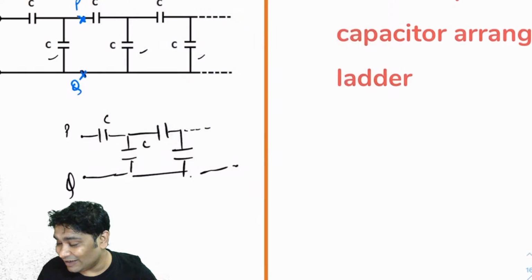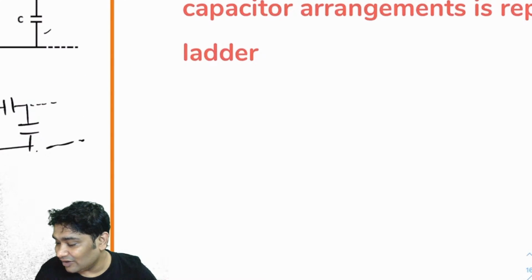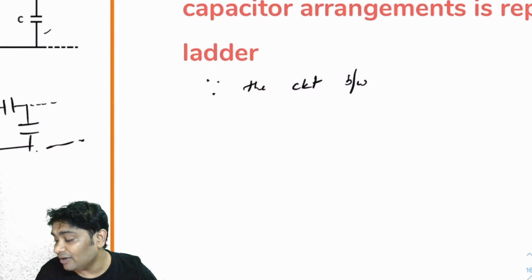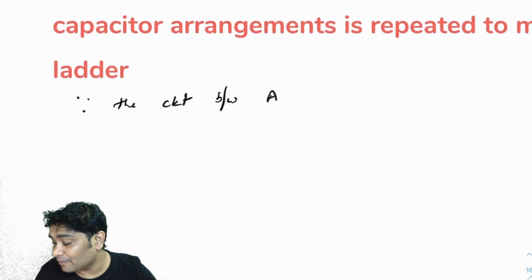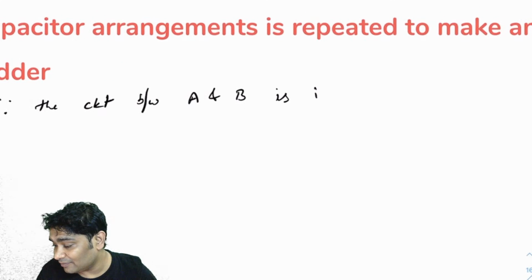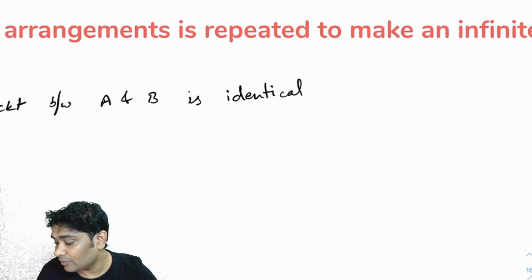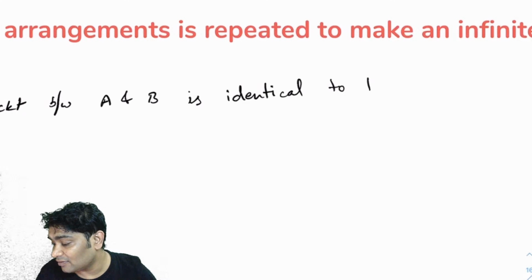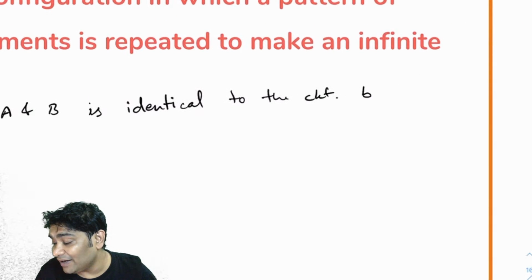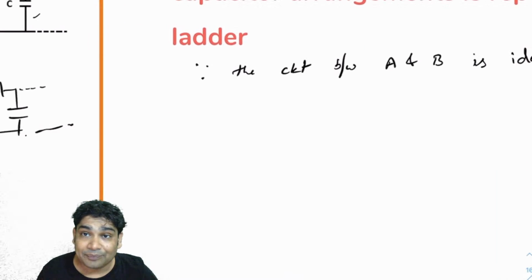So let's write down this fact. Since the circuit between A and B is identical to the circuit between P and Q, or what can I say?